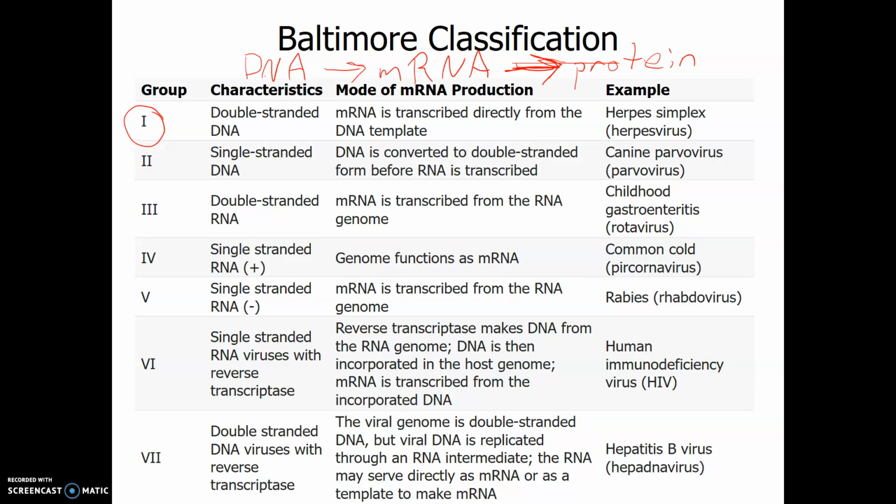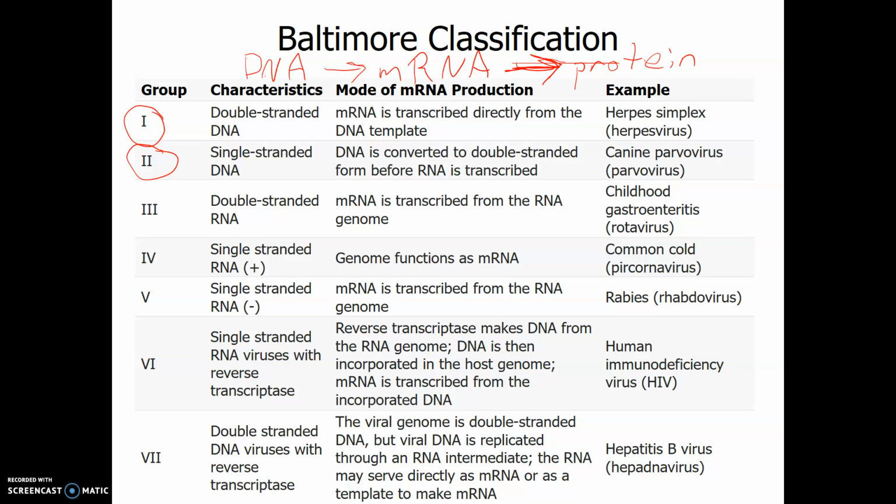Group 2 has a single-stranded DNA, which simply converts to double-stranded DNA and then completes the same process that group 1 completes. So the single-stranded DNA simply replicates a complementary copy of itself.